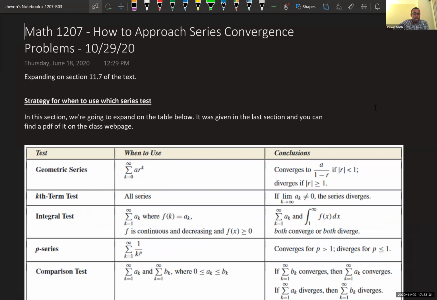Series, very important topic. Last time we kind of wrapped up with going over the strategies for approaching series. So first of all, knowing whether a series converges is going to be important in general. Also knowing whether it converges absolutely, conditionally, or diverges, being able to actually talk about the type of convergence a series experiences is going to be very important in general.